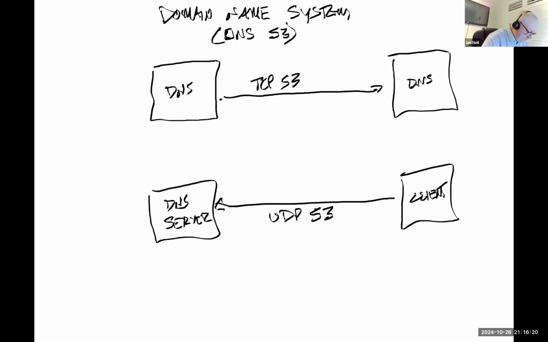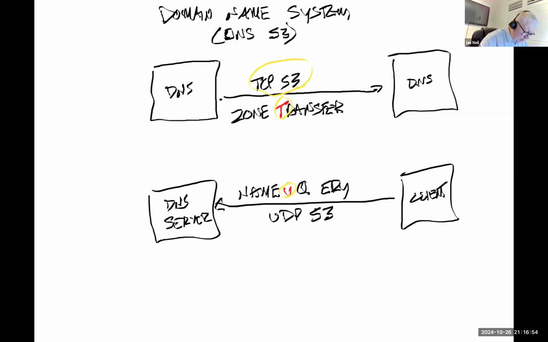Now, this is actually known as zone transfer. And this is known as name query. So the one with the T in it is TCP. The one with the U in it is UDP.